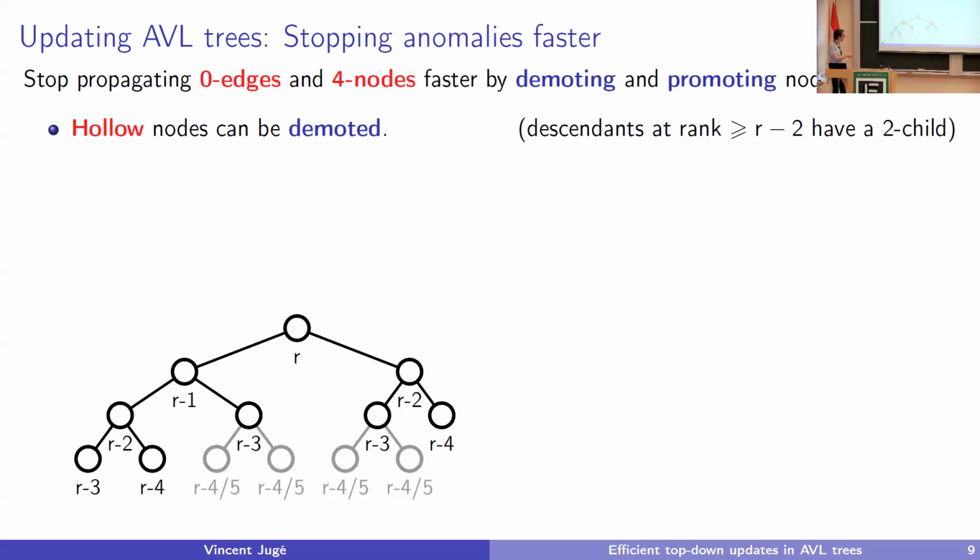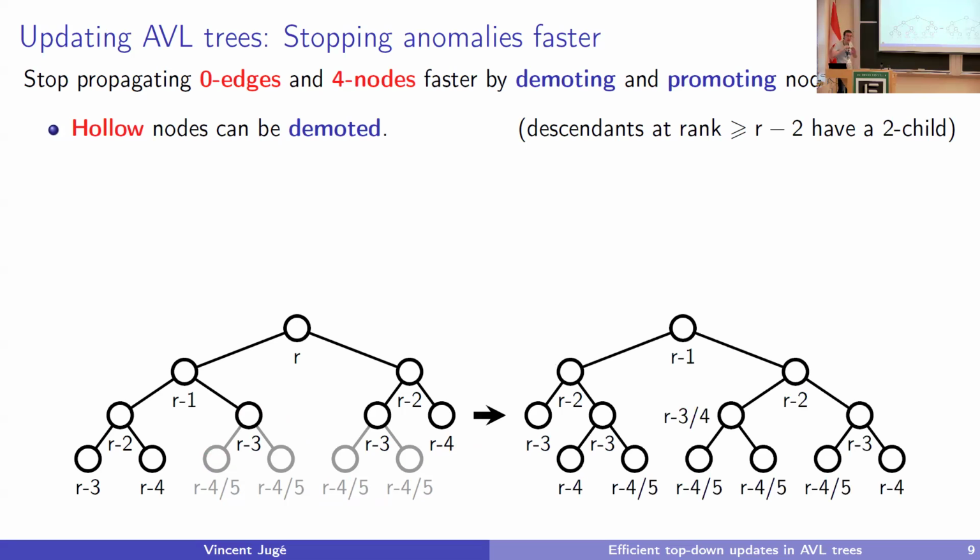What you can do is look at the descendants of those nodes of rank R-3 here. That gives me 2 more nodes. And I don't know if this node's rank is R-4 or R-5, but it won't really matter for what I do. Then I just rearrange the parentship relationships between these 7 nodes, which will remain in the same left-to-right order, and the 5 nodes that are supposed to be their ancestors.